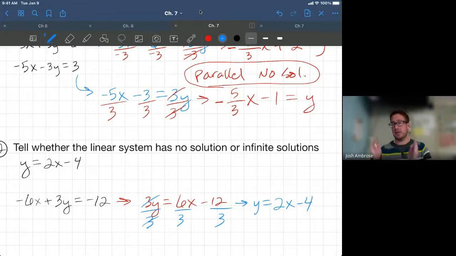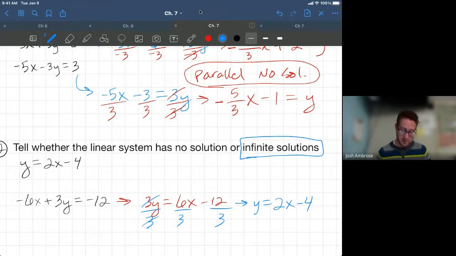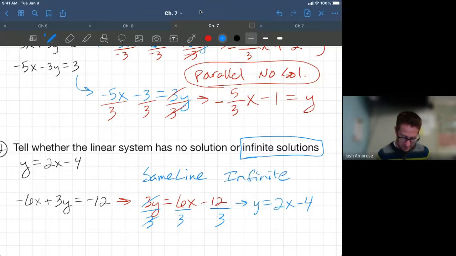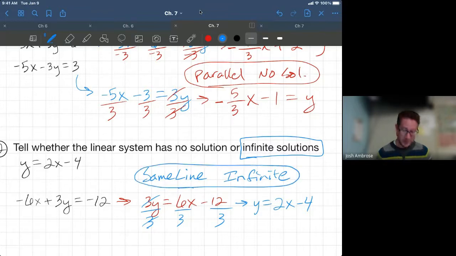Same slope, same y-intercept. That means we are looking at an infinite solution for our answer. That means these guys are actually the same line. Same line means we are talking about infinite. That is our answer there.